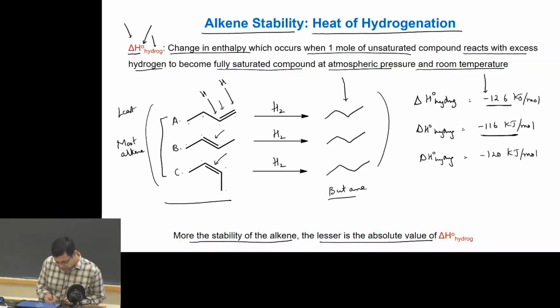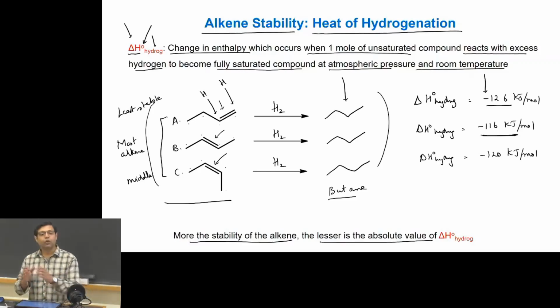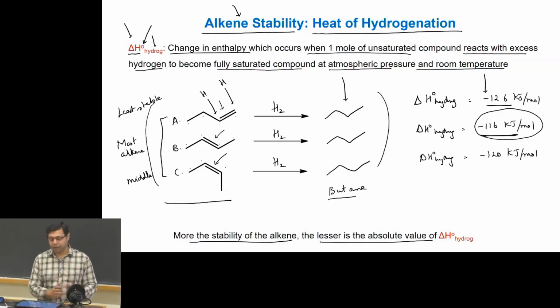This is the least stable, and alkene C is in the middle. That's how, looking at the heat of hydrogenation value, you can figure out alkene stability. The lesser the absolute value, the more stable the alkene. The higher the absolute value, the less stable the alkene.